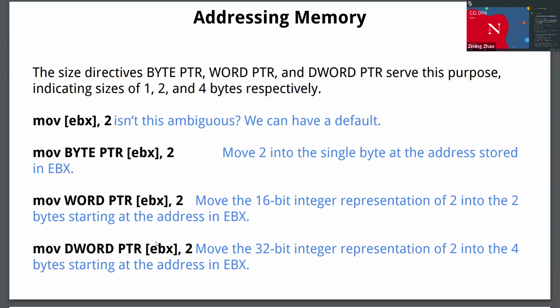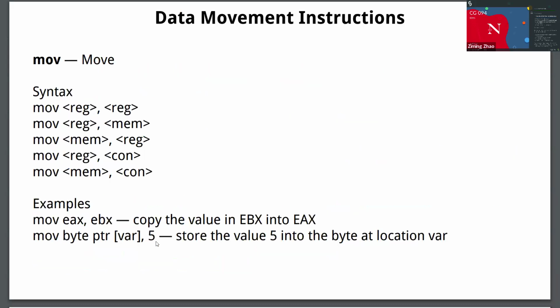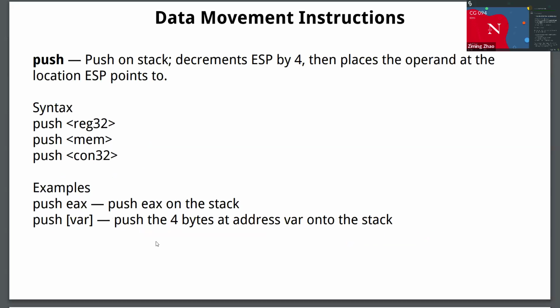So if you disassemble code and see something like this, don't be surprised. If you see something you don't understand, Google it or ask ChatGPT what it means. So these are data movement instructions. You can move from register to register, memory to register, register to memory, and also just some value to memory.